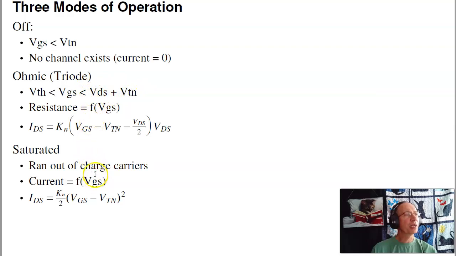If I try to push the current flow, make VGS too large or VDS too small, then I run out of charge carriers, and I go into the saturated region, which is current limited. There's a parameter, K sub n. That's like beta for a transistor, or hFE. This is a parameter of the MOSFET that determines what the current is, either in the ohmic or saturated region.